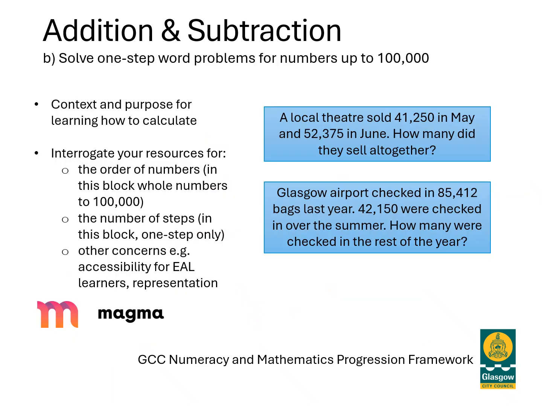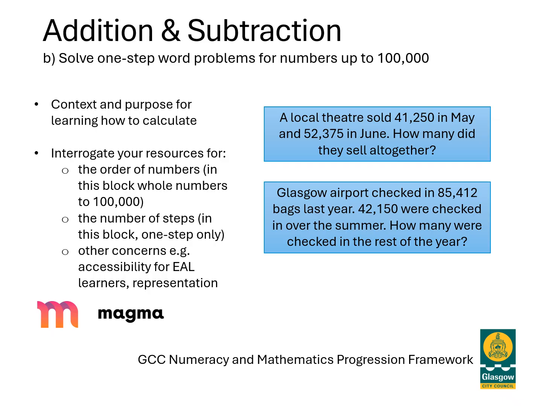In terms of word problems, for numbers up to 100,000, really we can look at any source for these. It's to provide context and purpose for learning how to calculate. So when you are looking for resources in terms of worded problems, it's just important to interrogate the source or the resource that you're using in terms of the order of the numbers.